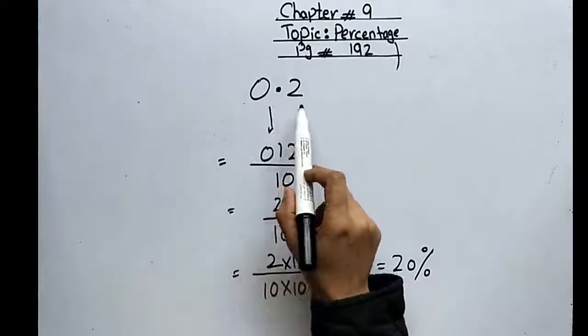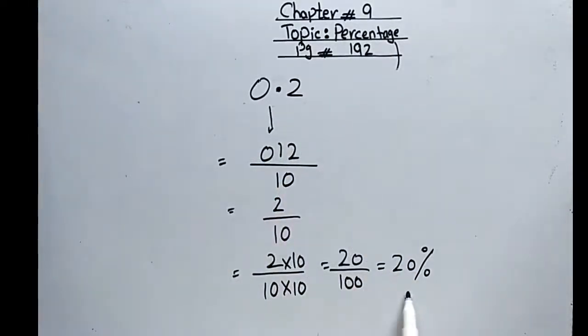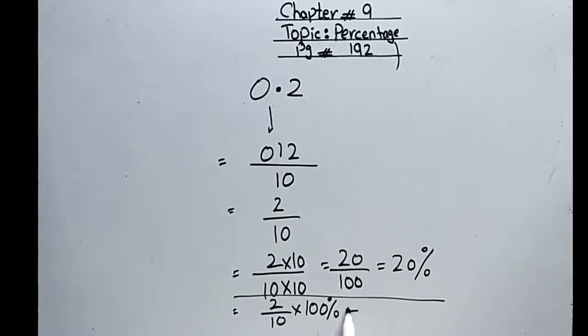It means 0.2 is equal to 20%. According to the second method, 2 divided by 10 we multiply by 100%, as we are finding the percentage. So 0 will cut with the 0, and 10 multiplied by 2 gives 20%. So in both cases you get the same answer. Got it, beta?